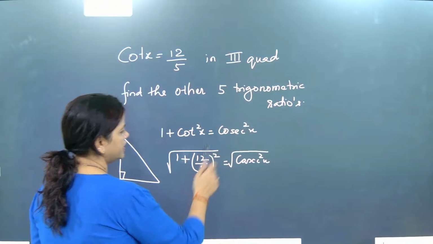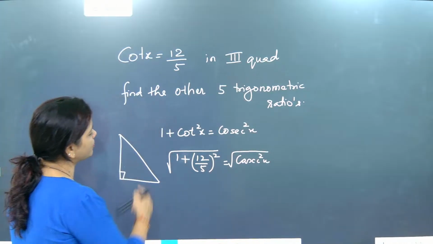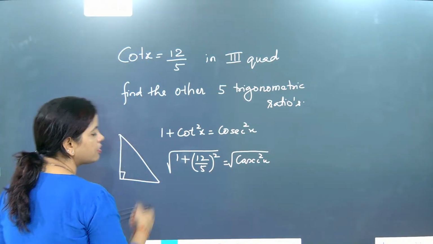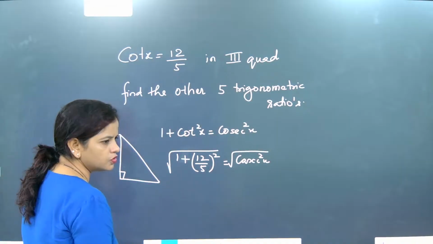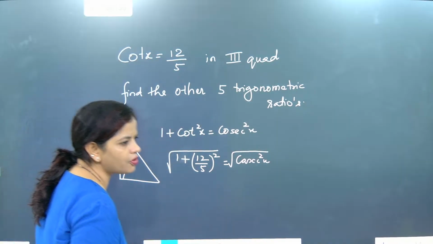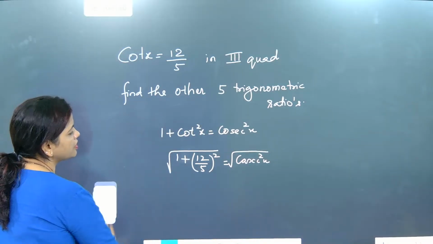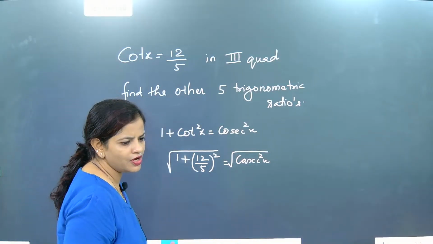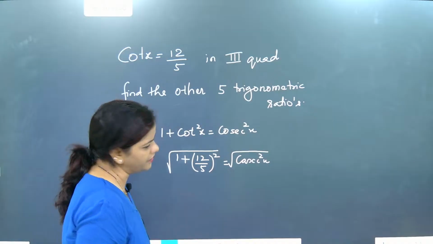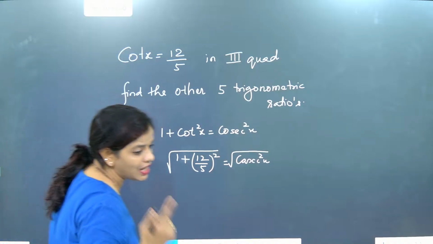Now for cosecant square x, either you go by the triangle concept or by this one. Both are same. You can directly apply the formula, or go by the other concept. But the important thing is, in the triangle also you have to find the ratio with the Pythagoras theorem, which you did in class 10th.